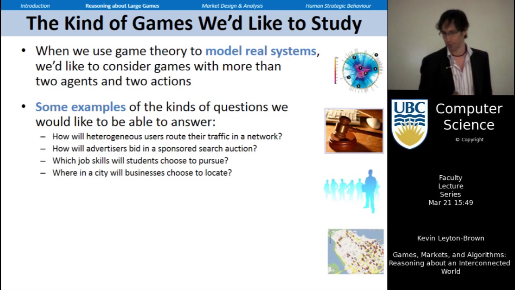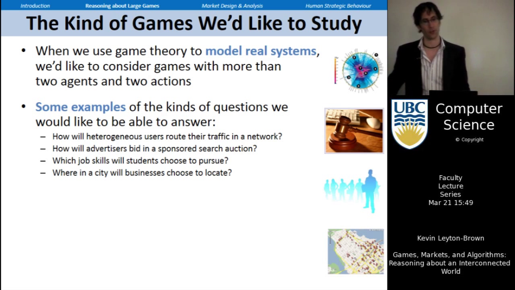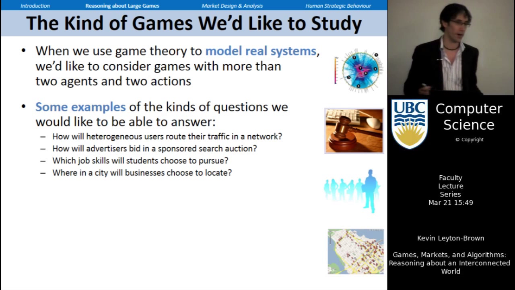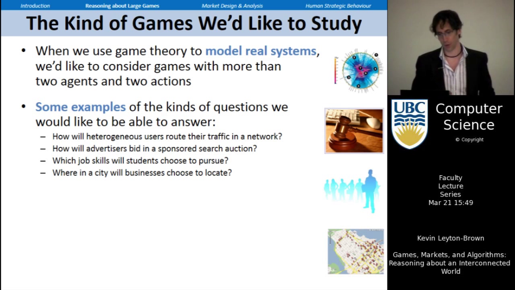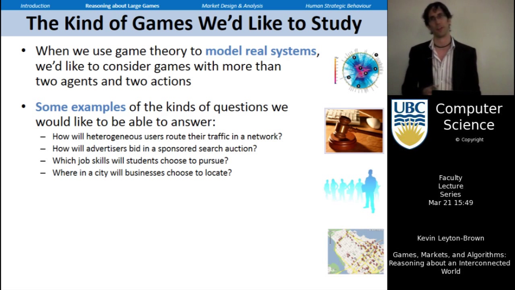Or how will advertisers bid in a sponsored search auction, like the ones that Google runs? Or in a job market, how will people with different aptitudes choose which skills to pursue? Or in a city, how will businesses choose to locate, taking into account the inherent value of different places they may locate and the competition they face from other businesses?